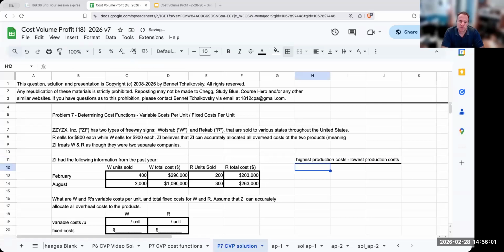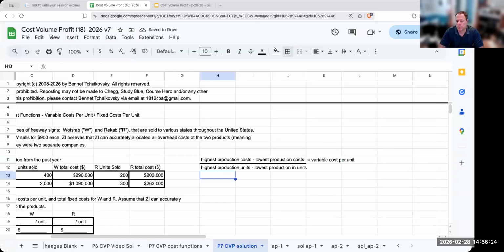And I'm going to be dividing this by my highest production in units minus my lowest production in units. Okay, and what this is going to tell us is what is the variable cost per unit.